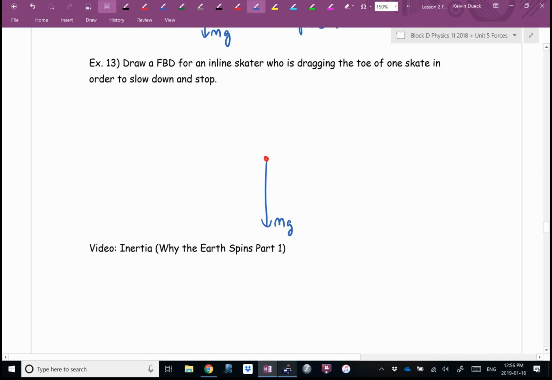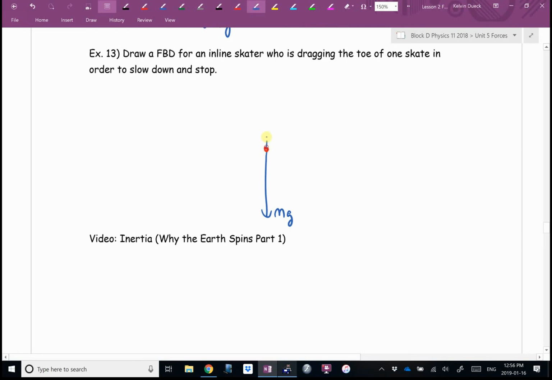Is this skater sinking into the ground like quicksand? Are they flying through like Superman? So there must be the same size force pointing up. What force is that? Yep. All right. Now we'll see how good you are, because this is a tricky question.